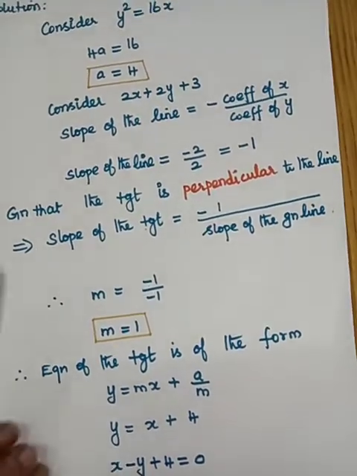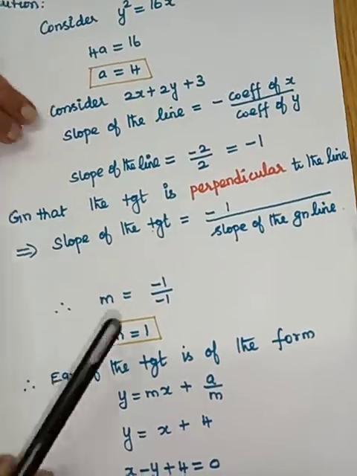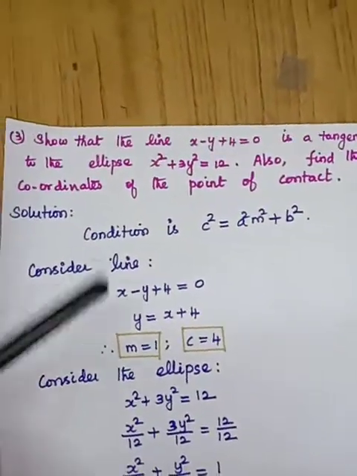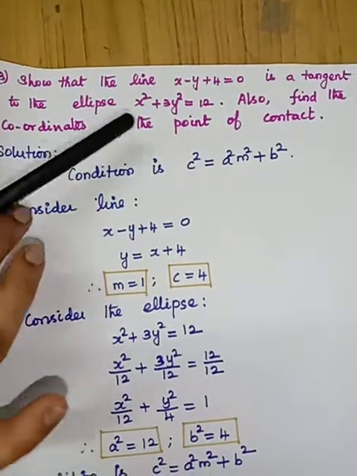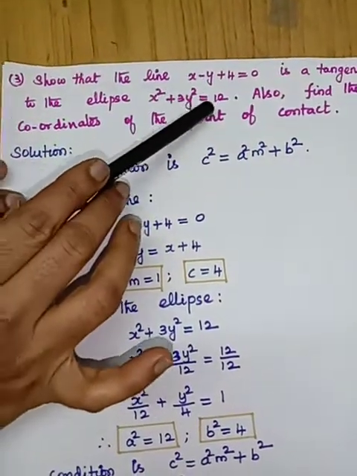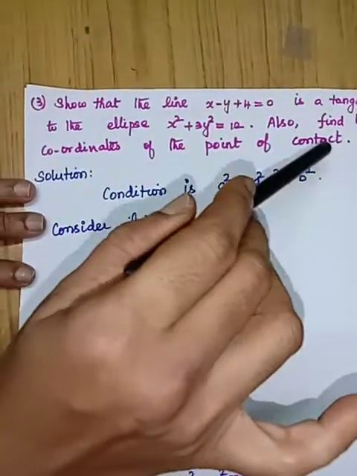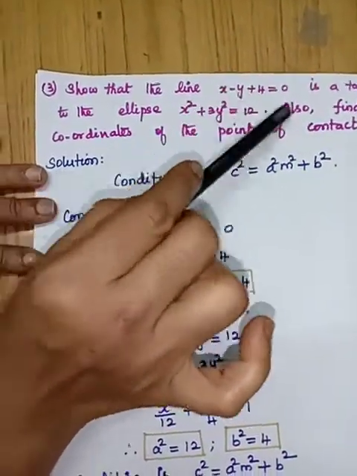Okay, so we'll move to the next problem. Show that the line x minus y plus 4 is equal to 0 is a tangent to the ellipse x squared plus 3y squared is equal to 12. Also find the coordinates of the point of contact. So one line equation is given.